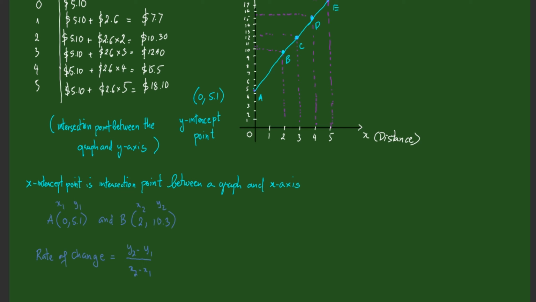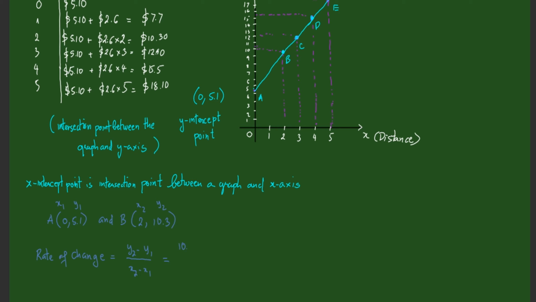You can put A as the second point and B as the first one. It doesn't matter. But usually I pick B as the second point. So we're going to plug it in.